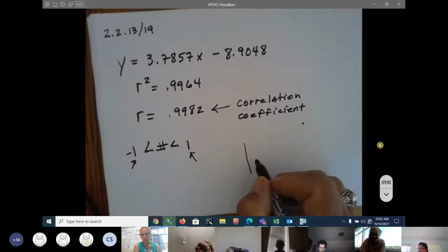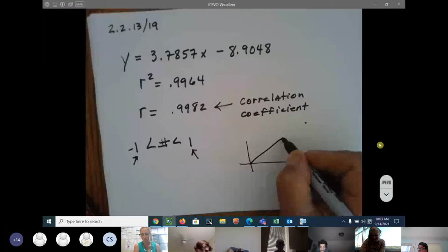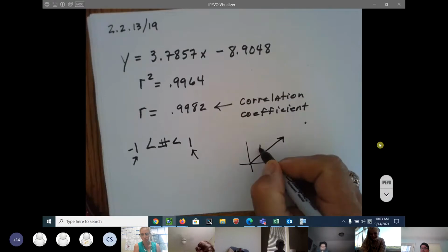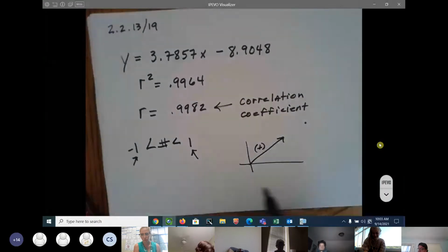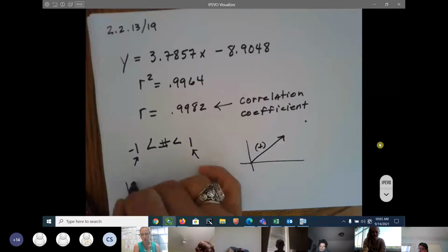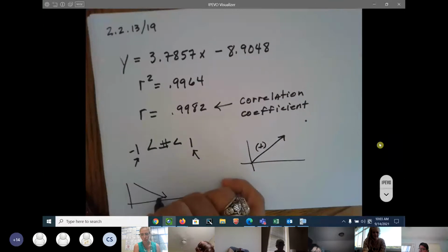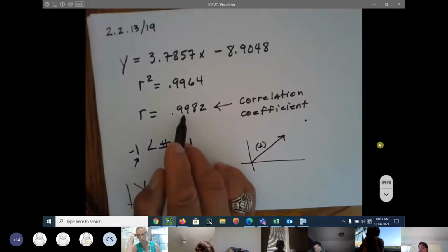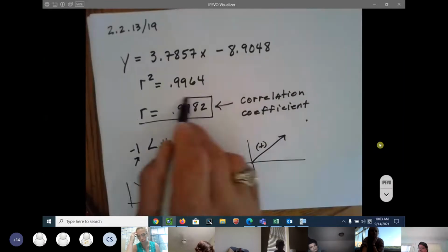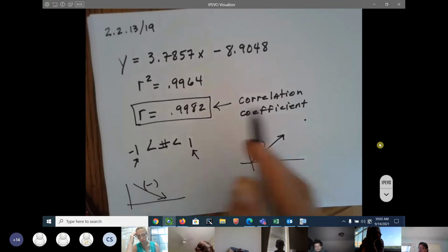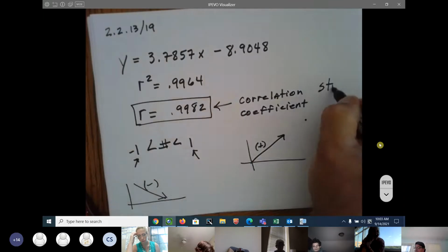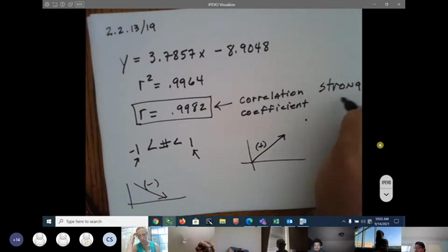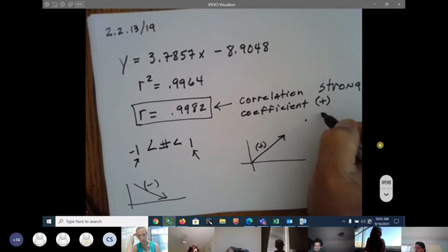A positive correlation is a positive slope, and a negative correlation is a what? Negative slope. Either one is strong. 0.9982 is very close to +1, so this one has a strong positive correlation coefficient.